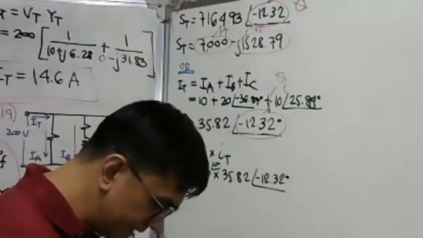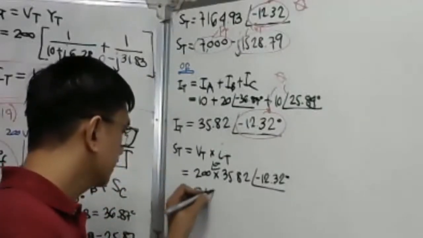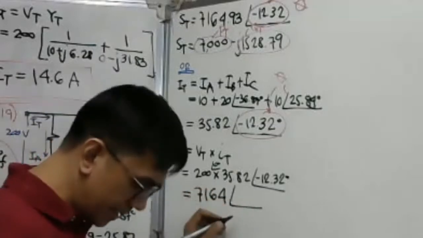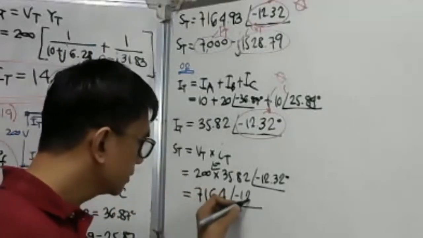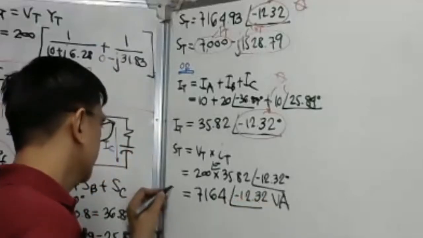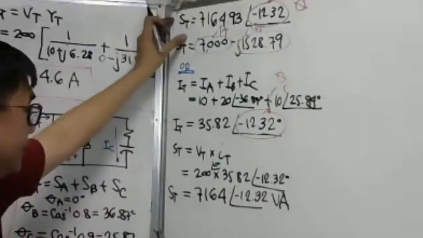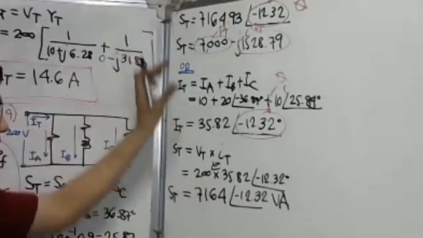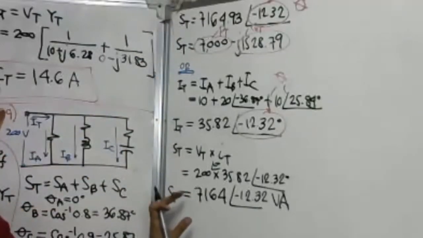So, the answer is 7164 bar angle negative 12.32. This is volt-ampere. This is the same with our answer here, right? Tama ba? Thumbs up nga kung nasundan ninyo ako.